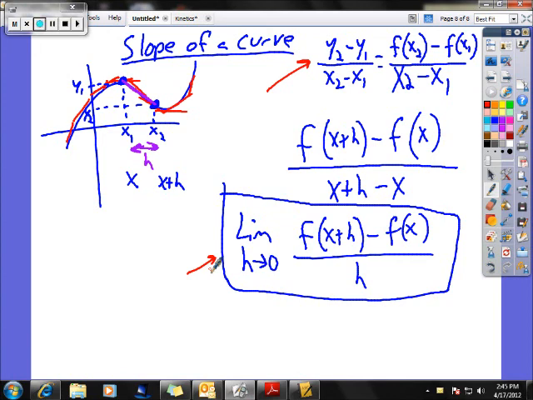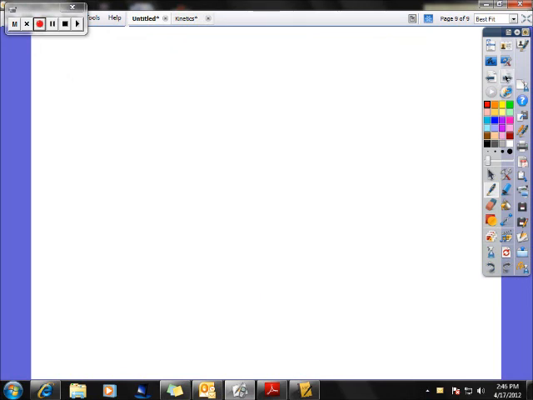You do have to know this limit form here, though. So I'm going to rewrite that over here. Let me go back to my blue here. So we have the limit as h approaches 0 of f of x plus h minus f of x all over h.